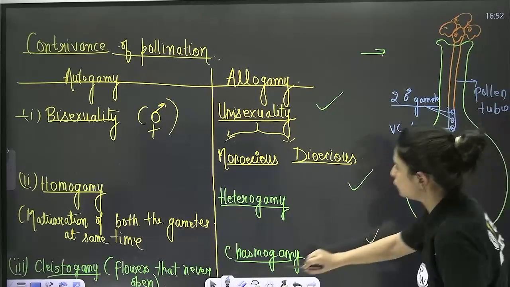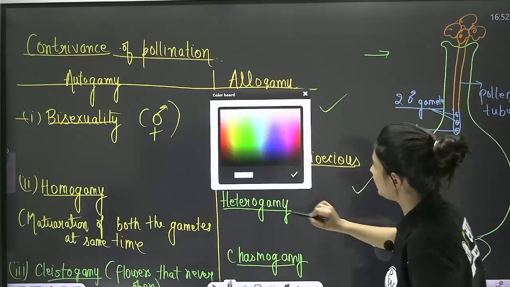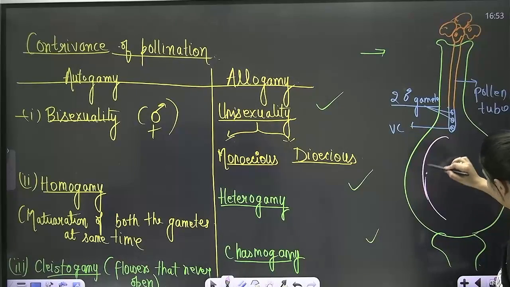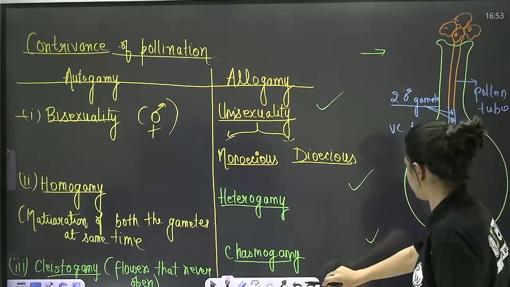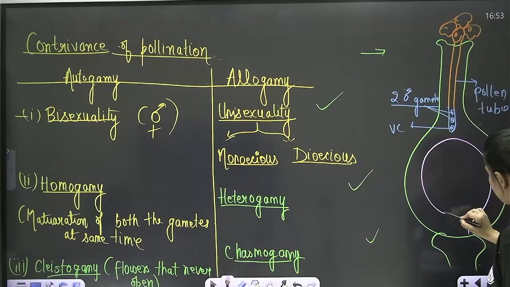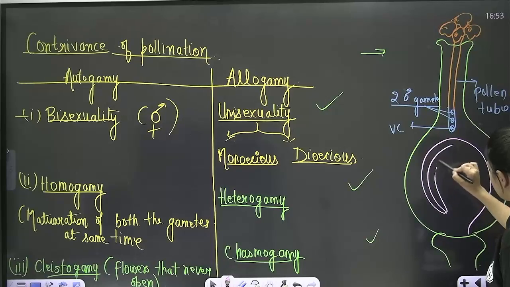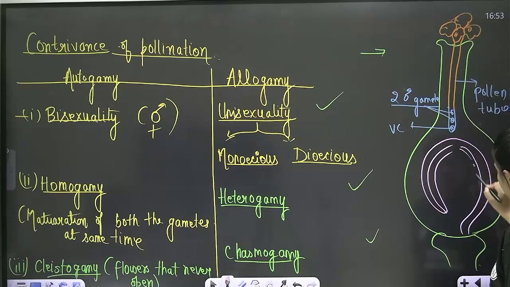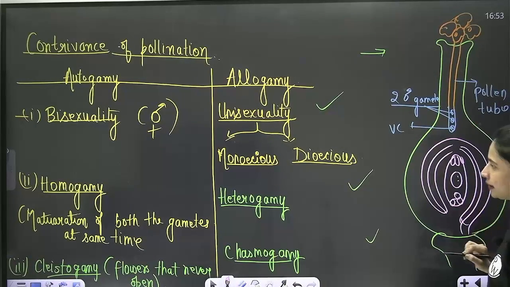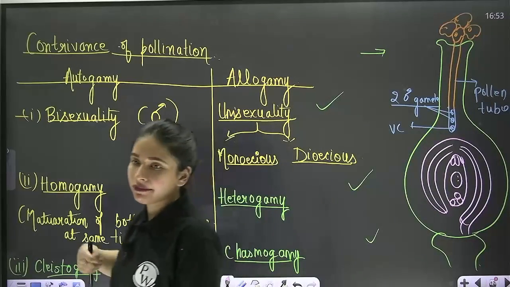And this pollen tube keeps on growing and finally it leads to the ovule, the most common type of ovule, that is the polygonum type, right? Clear? Understood everyone so far?